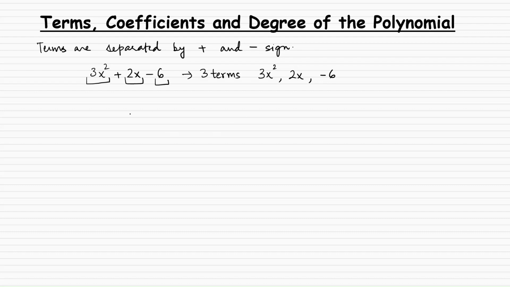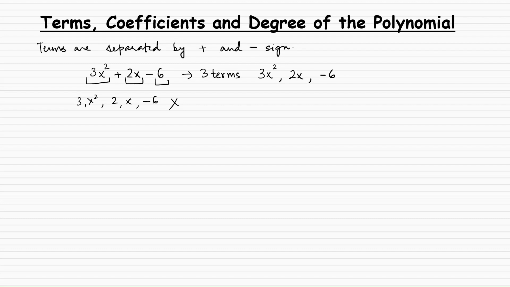Now, what is the confusion? Often students write that it has 5 terms. Which 5 terms? 3, then x square, then 2, then x and then minus 6. No, 3 and x square are being multiplied. So, there are only 3 terms which are separated by plus and minus signs, not 5 terms.